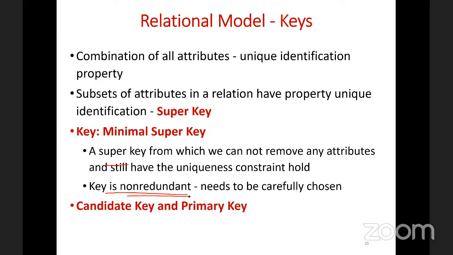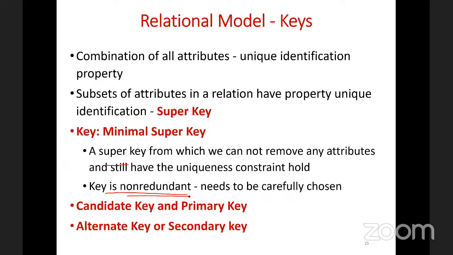So two super keys are there. We say that here there are two candidate keys. Roll number is a candidate for key, and name is also a candidate for key. Out of these two candidates, we will choose one as the primary key, or you can say the minimal key, which we use as the primary key.